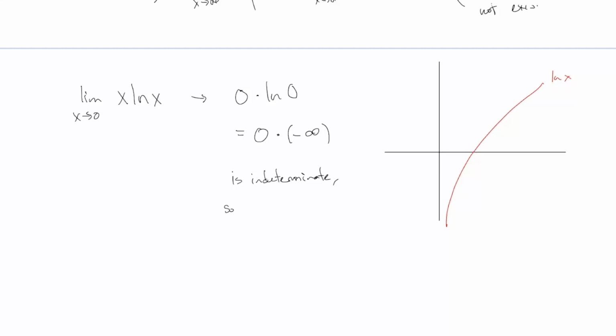So we intend to use L'Hopital's rule on this, but in order to use L'Hopital's rule, it has to look like a fraction. And this is what I was saying before. We want to force it to look like a fraction.